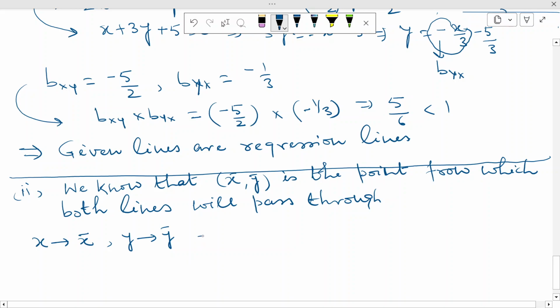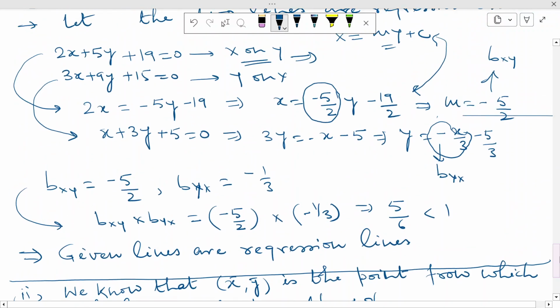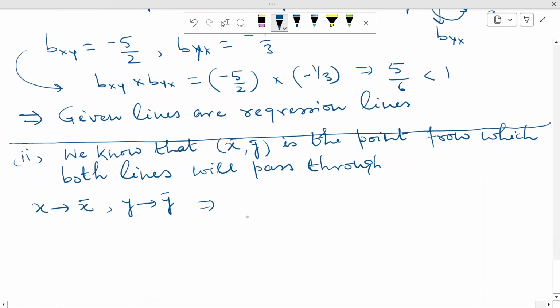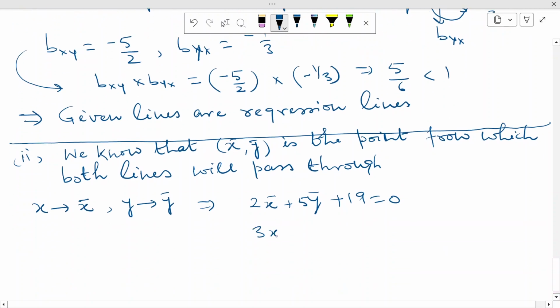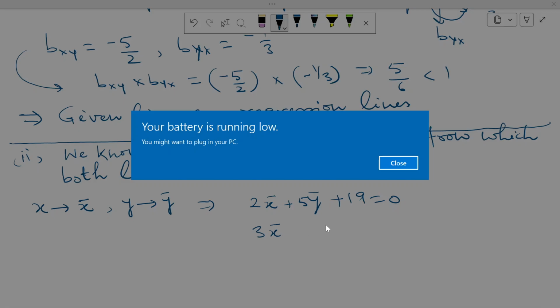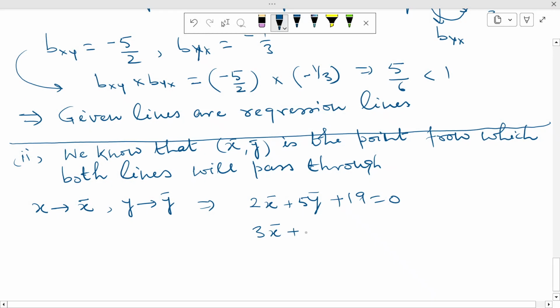So this gives us the equation of two regression lines, which are 2x bar plus 5y bar plus 19 is equals to 0, and the second line is 3x bar plus 9y bar plus 15 is equals to 0.